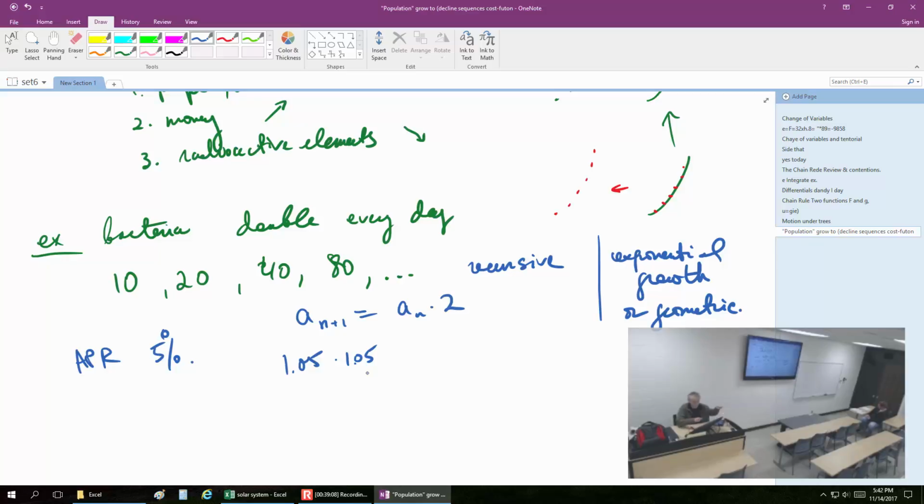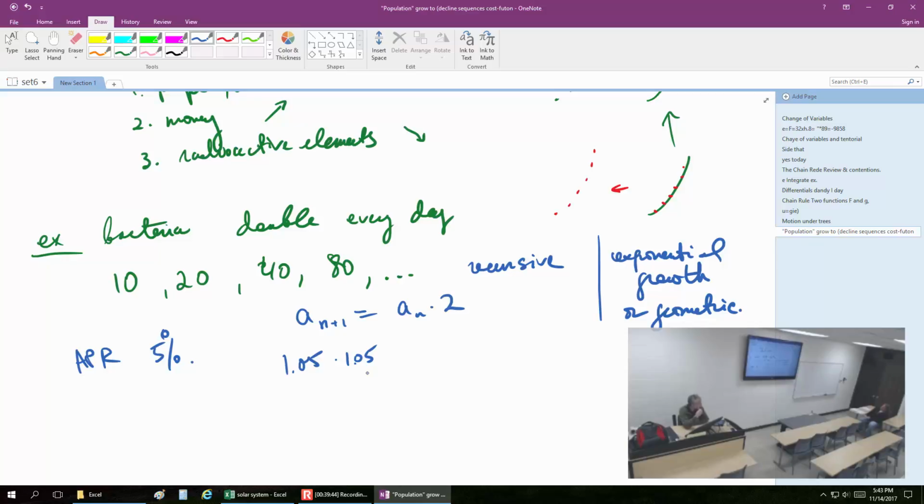Obviously, outside of the classroom, you don't really have a choice, and you might have to use the word the same way people do. But certainly in a mathematical or science environment, exponential growth has a particular meaning. Okay, so if we move on from this recursive formula, which is good, the problem with a recursive formula, as I mentioned just recently, is that you cannot progress into the future.